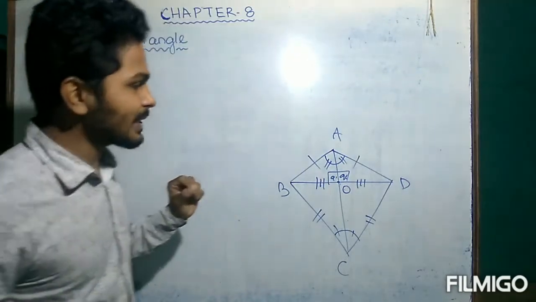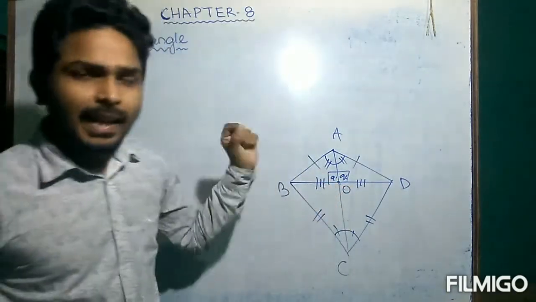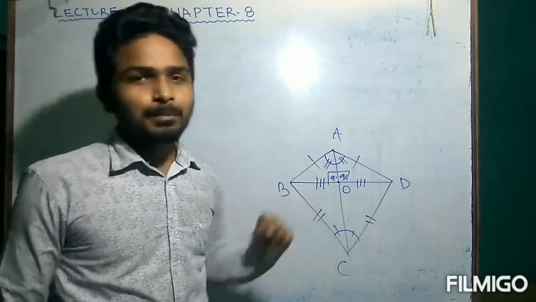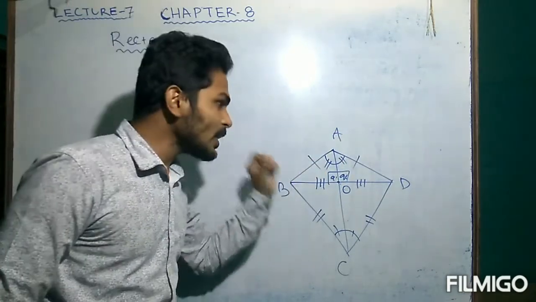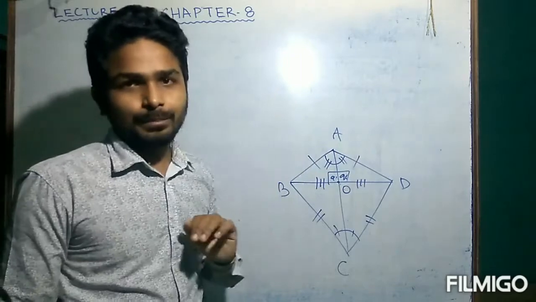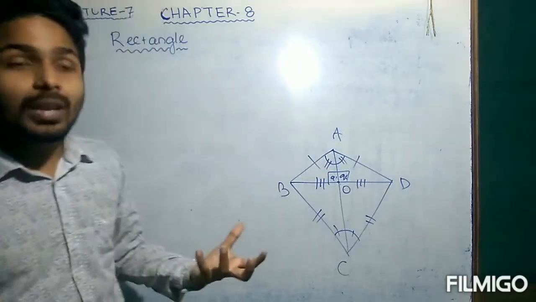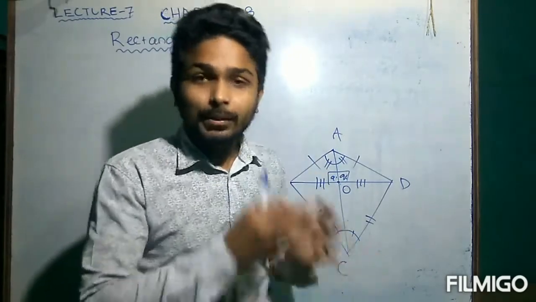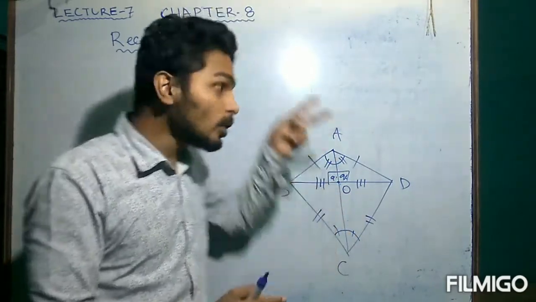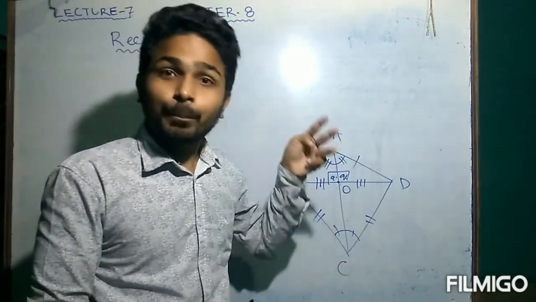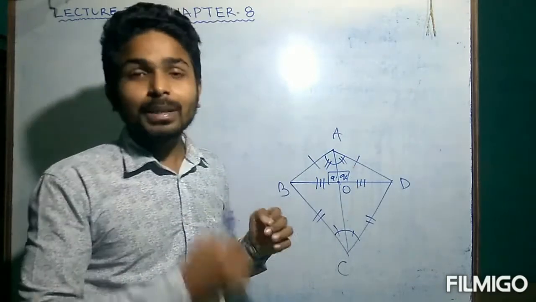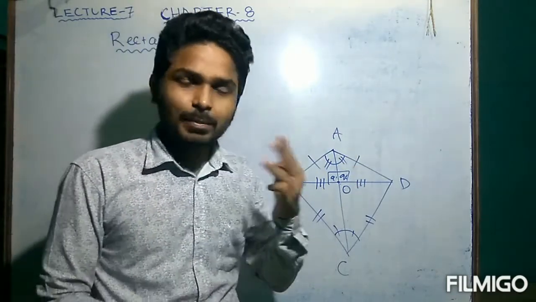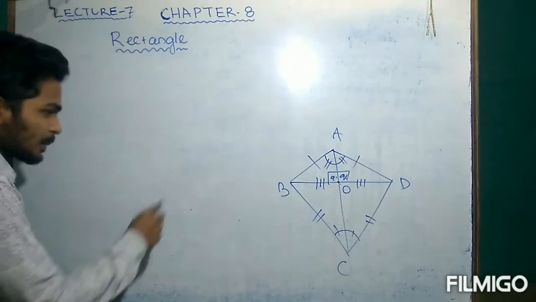Now a question arises here: can a kite be a parallelogram? Tell me, can we call a kite a parallelogram? We call a figure a parallelogram if that figure satisfies all the three compulsory properties of a parallelogram that we have discussed. What are the three compulsory properties?